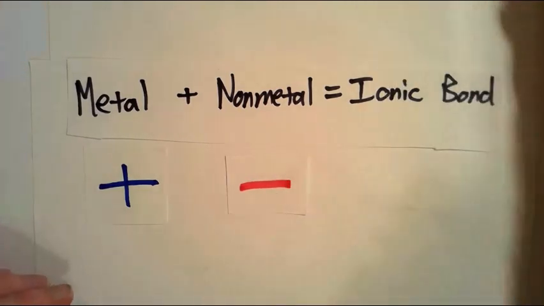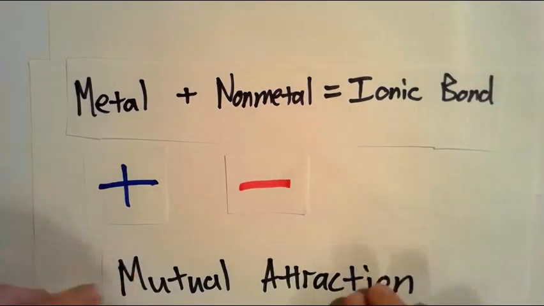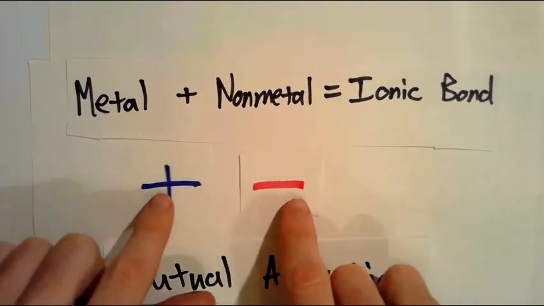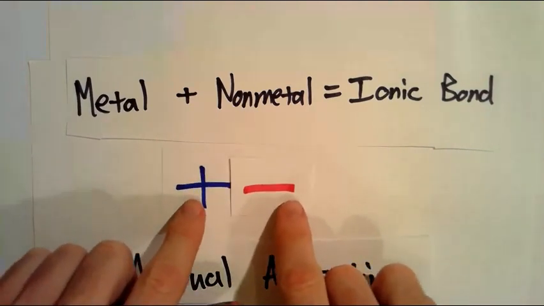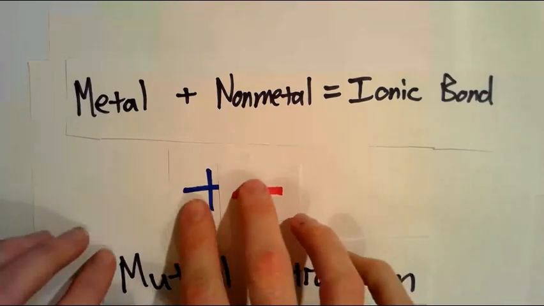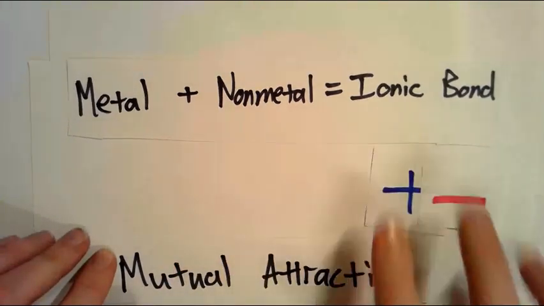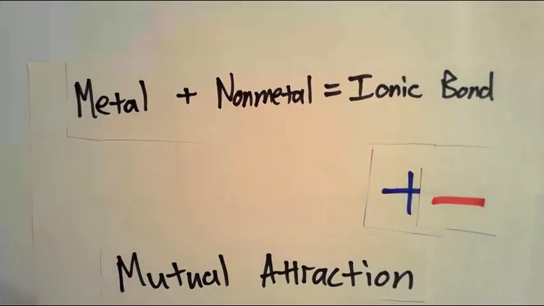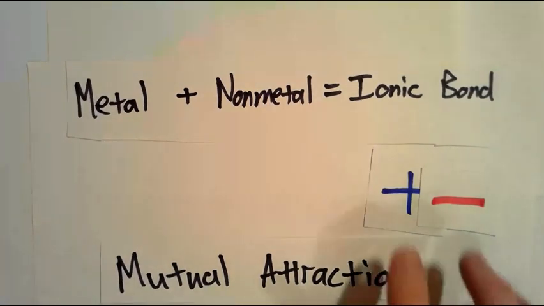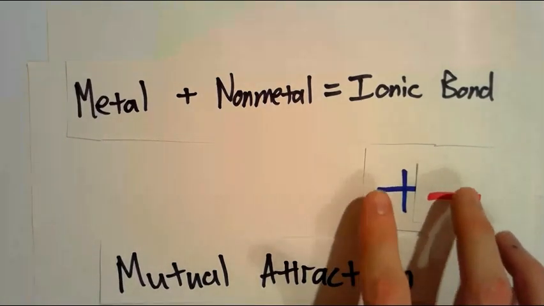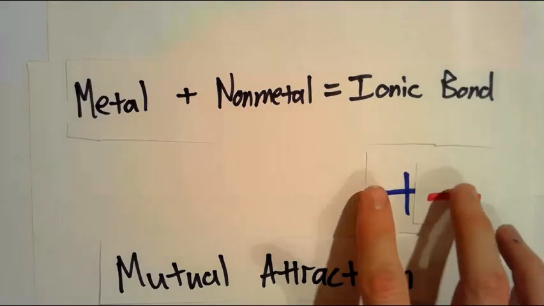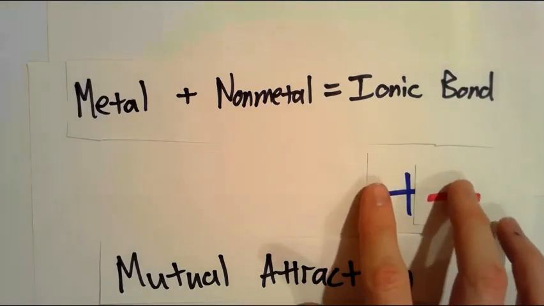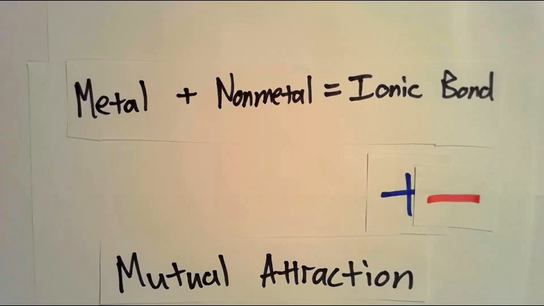This forms a mutual force of attraction because the positive and negative will attract each other. Once they attract each other, they form the ionic bond. They don't change charges and they don't exchange any electrons. They're only attracting each other by this very strong attraction.